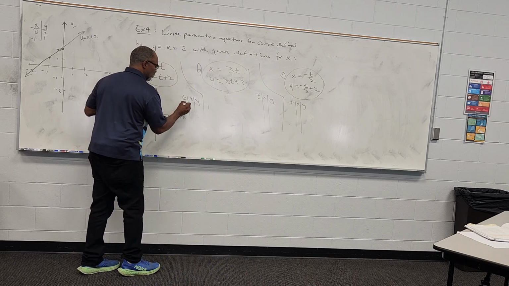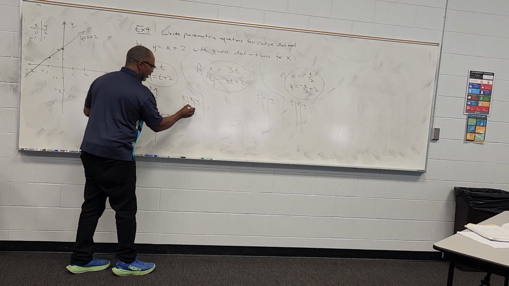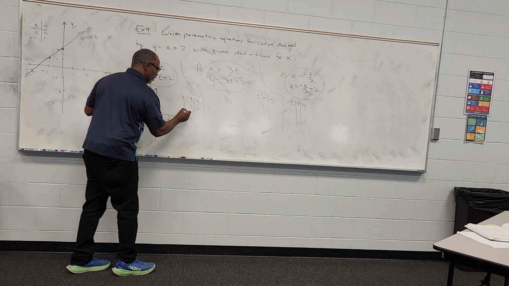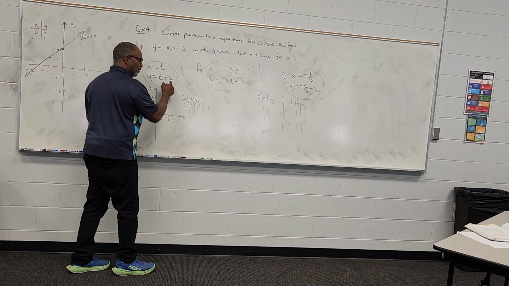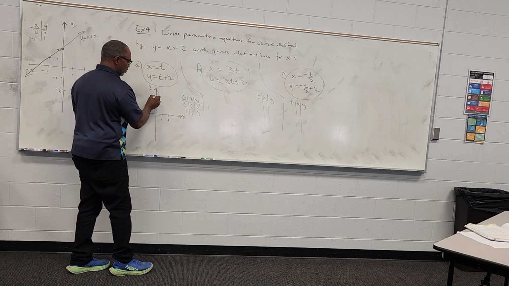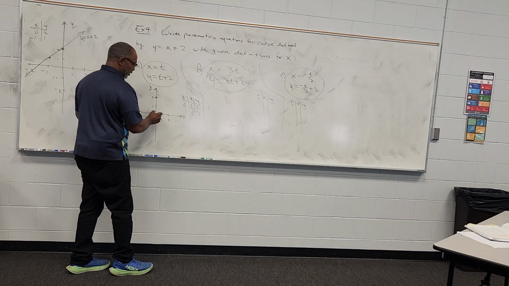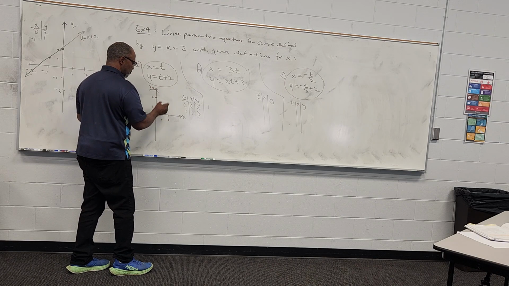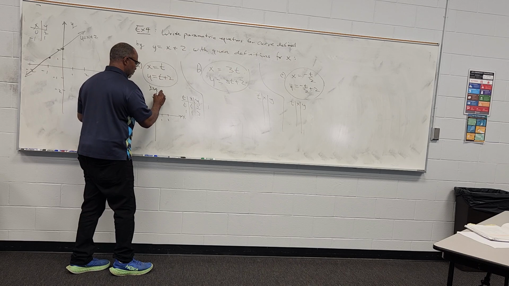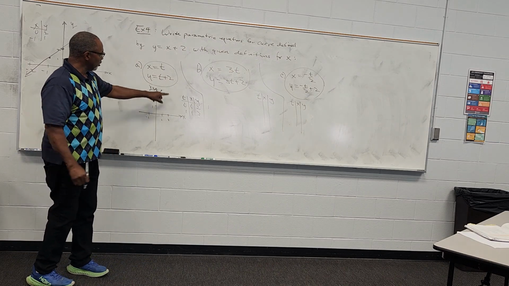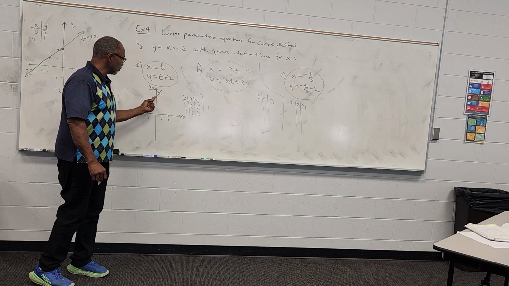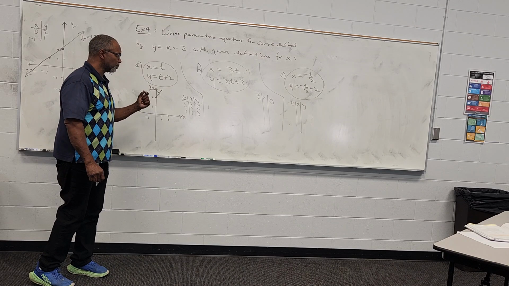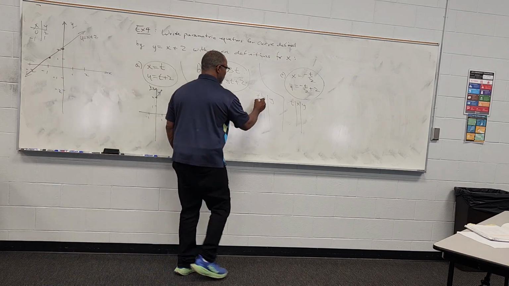I'm going to start at t equals 0. When t equals 0, x is 0 and y is 2. When t is 1, x is t, so x would be 1. Y is 1 plus 2, which would be 3. So 0, 2, and then 1, 3, and I'm going in that direction. So as t goes from 0 to 1, for this parameterization, this function will go from right here to right there. Let's do the same thing here.